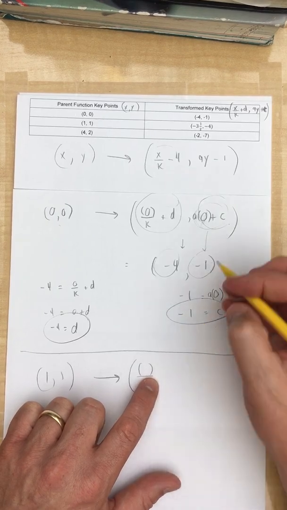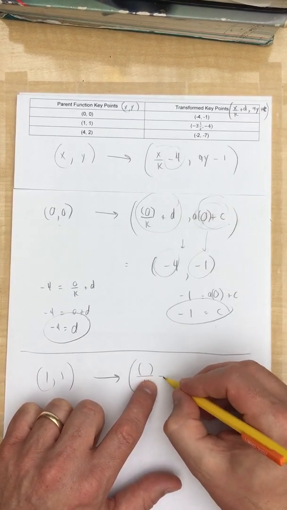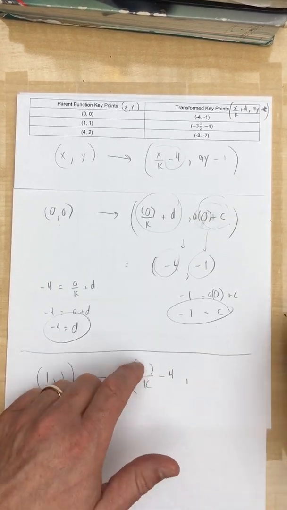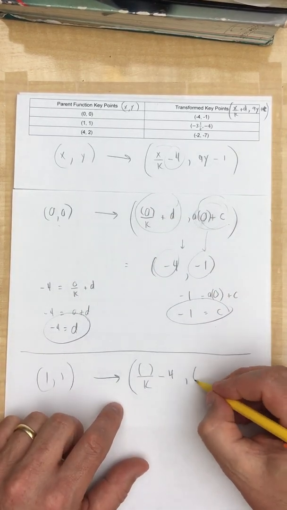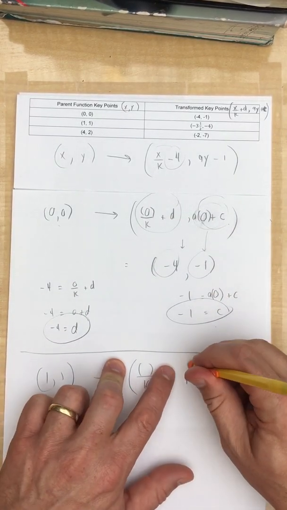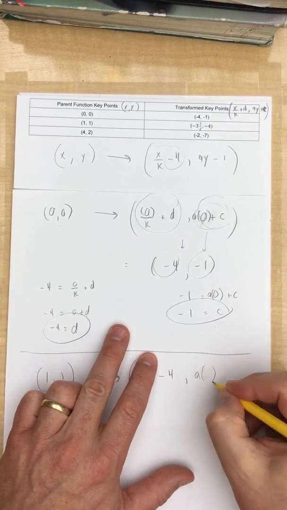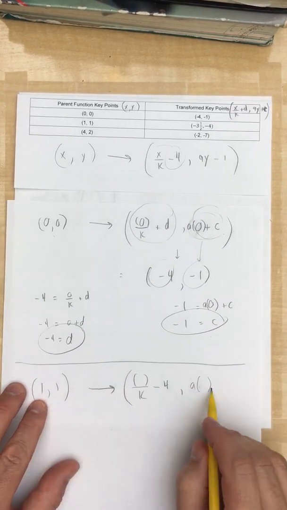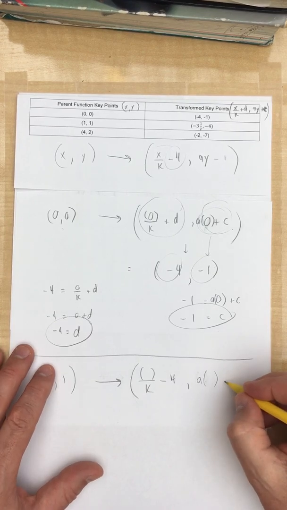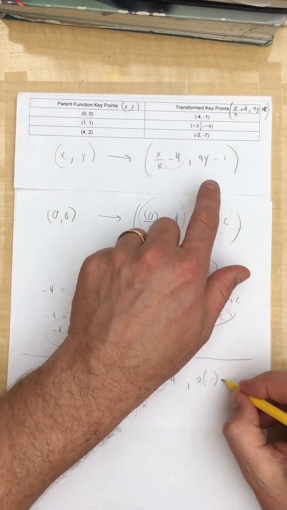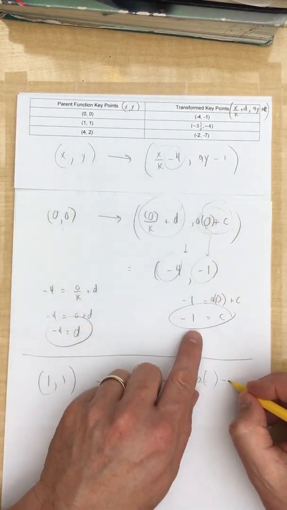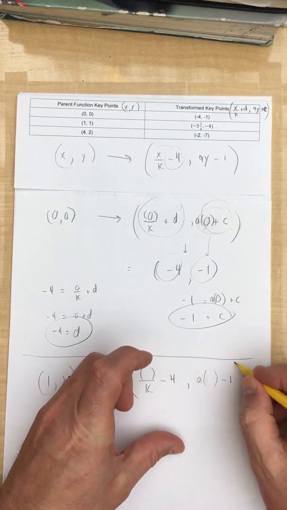But for the plus d, I'm going to use the -4 that I just figured out, because I know more about it. For a times the blank, that's where I'm going to put the y value. But I'm also going to know that c is -1, and so I'm going to put the -1 in there as well.